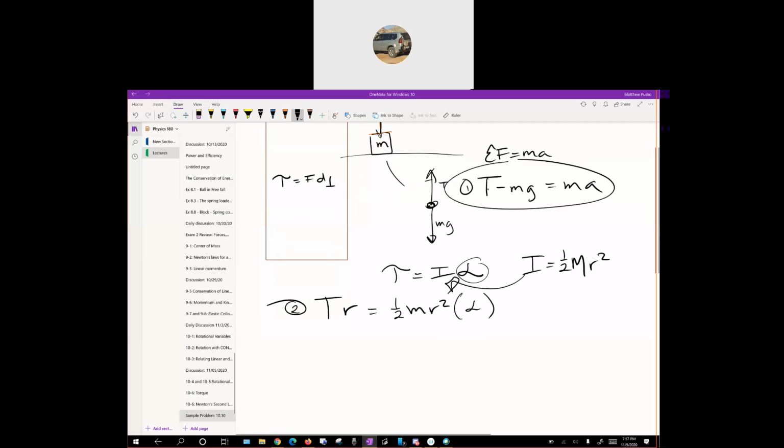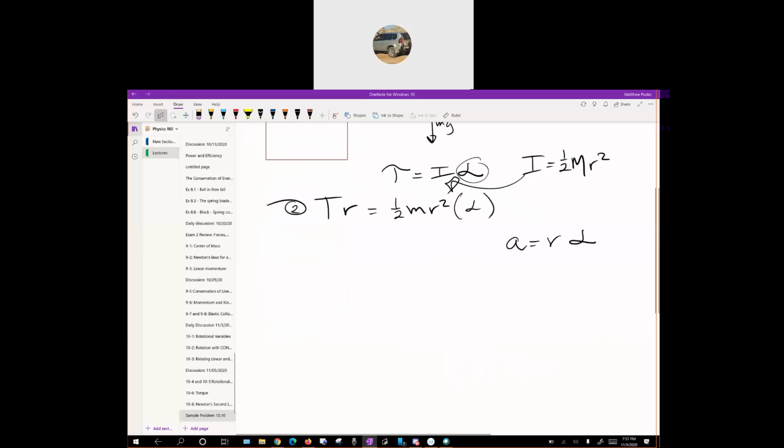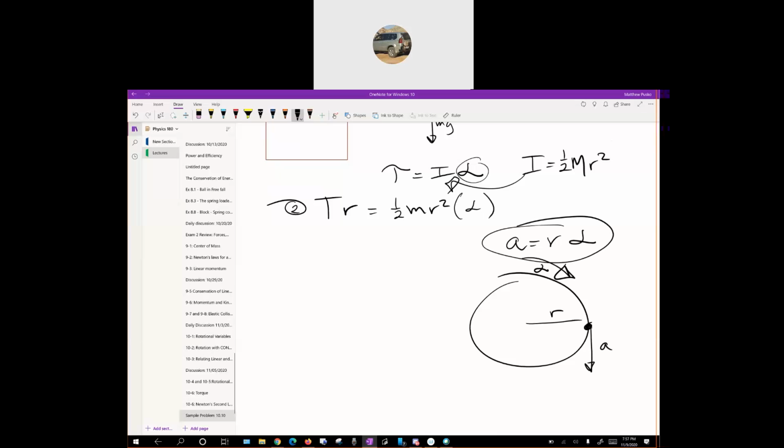Now we can put these together with the fact that the acceleration of any point is equal to r alpha, right? If we draw another circle, if this thing is spinning, which it would be after we released it, it might have some alpha, and that's going to relate the radius to whatever the acceleration is at this point. The acceleration is equal to r alpha.